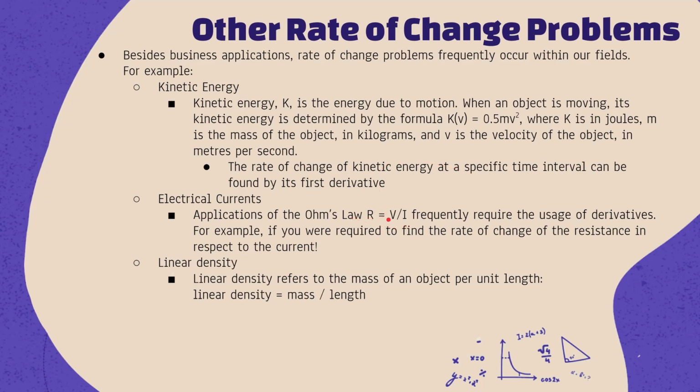You have 3 different variations of this, but in case you didn't know, R would be your resistance, V would be the voltage, and I is the current. You measure these in different things. So V is in volts, I is in amperes, and R is in ohms.